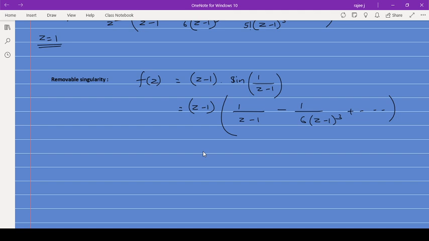Now if you multiply this inside, z minus 1 upon z minus 1 becomes 1, minus 1 upon 6 into (z minus 1) the whole square plus etc. Here you are getting only the analytic part, not the principal part, which we discussed earlier in the Laurent series. So this z equal to 1 we can remove. Such a type of singularity we call a removable singularity.